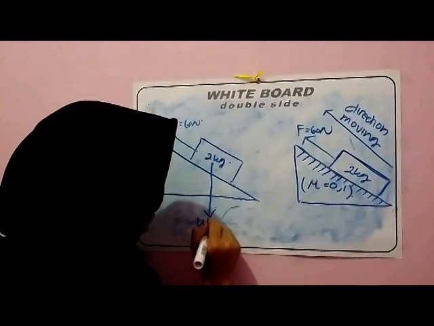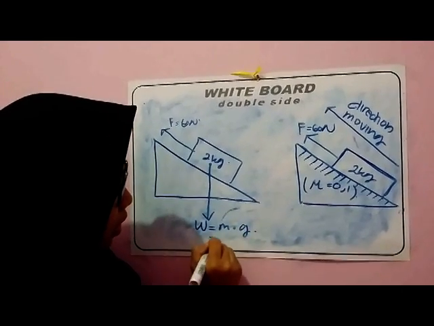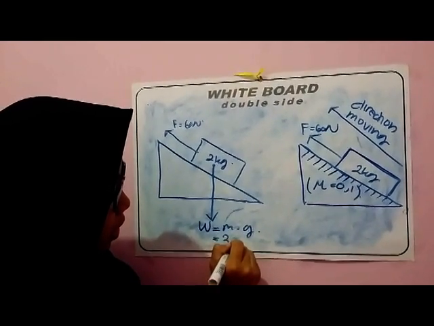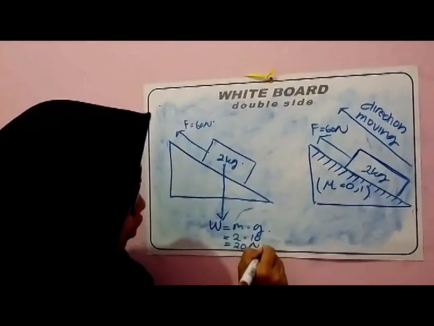Weight is equal to mass times gravitation, and the mass is 2 times gravitation 10, so the weight is 20 newtons.